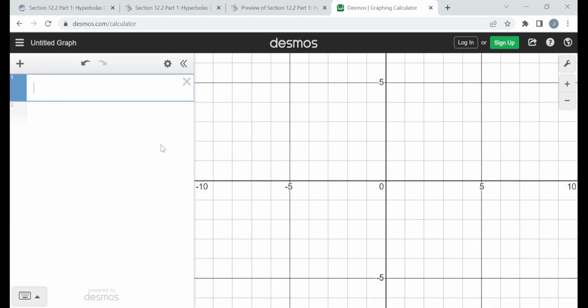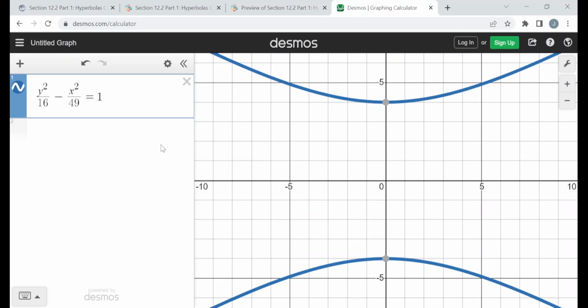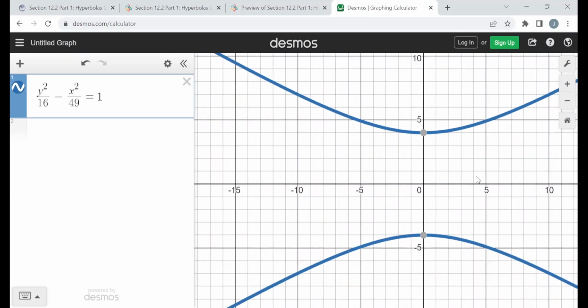So the equation we're given: y squared divided by 16 minus x squared divided by 49 equals 1. And again, there are these curves opening up and opening down. There's 0, 4 vertex, 0, negative 4 vertex, like in my drawing.